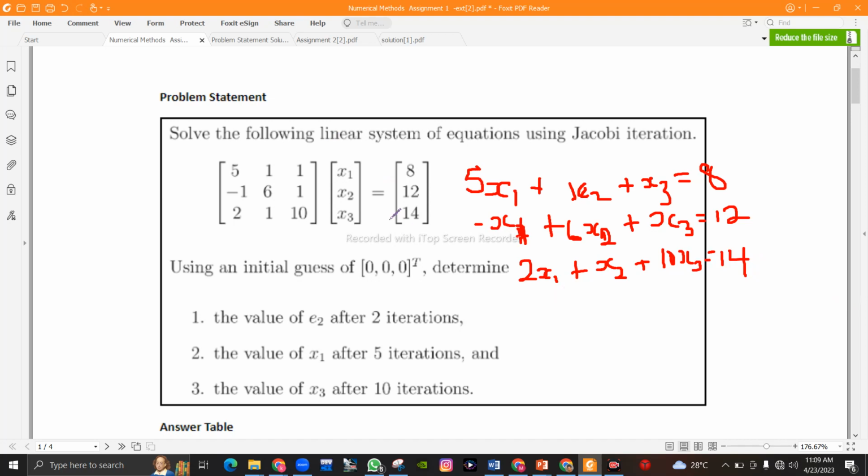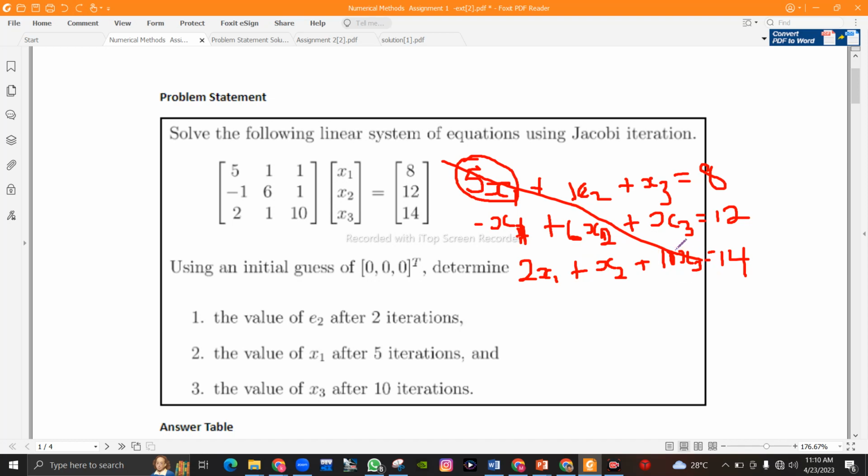Then after writing the equations like this, you are going to write your x, which you are going to be using for your iteration. How do you know which one to write your x for? The diagonal. This is the diagonal. You make x1 subject of the formula here, you make x2 subject of the formula in the diagonal here, and you make x3 subject of the formula in this one.